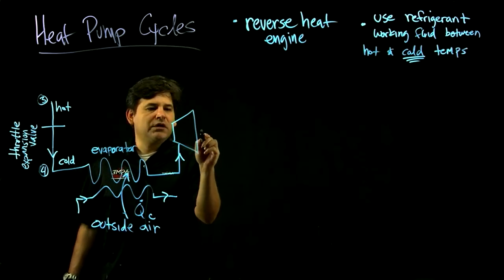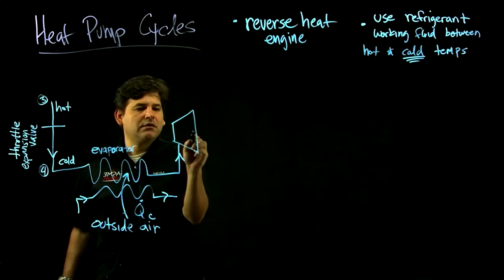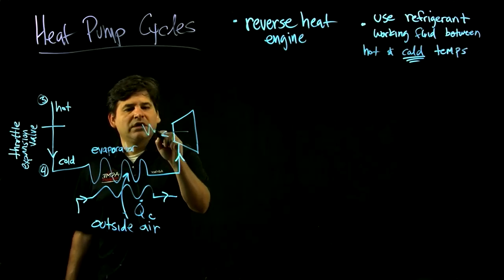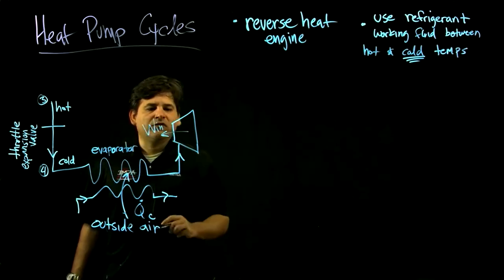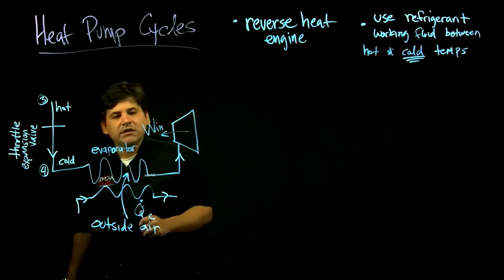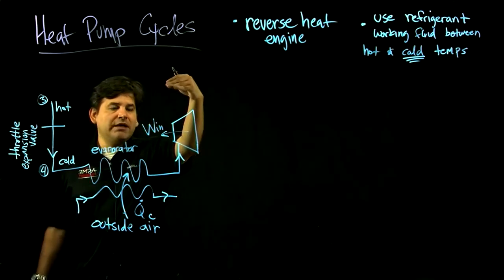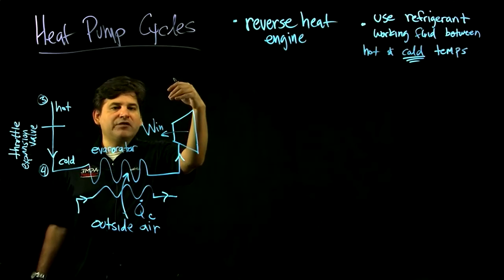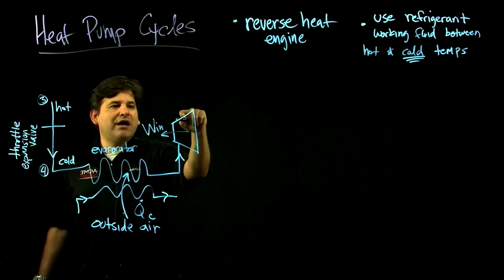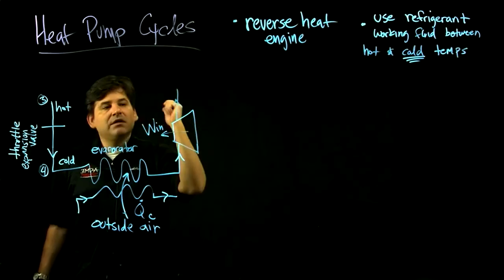So this will be work into the working fluid refrigerant. So that would increase the enthalpy of the refrigerant and increase the pressure of the refrigerant. Then you get it to a higher temperature, higher enthalpy superheated vapor.